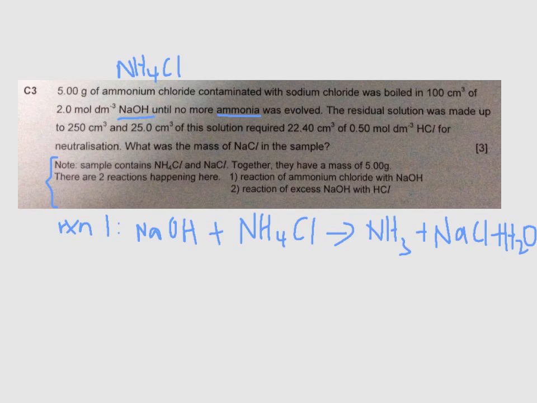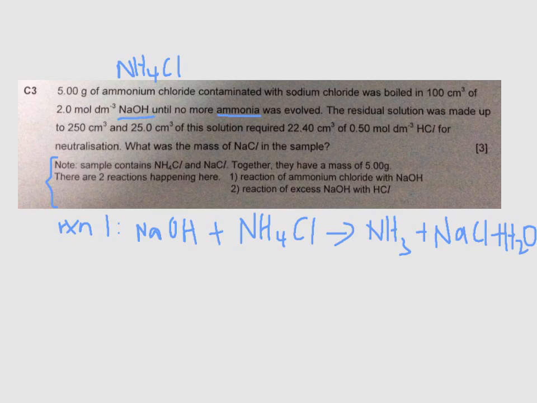Next, before I go to reaction 2, in reaction 1, you know that for back titration, one of the species, either NaOH or NH4Cl, must be in excess. If you read the question carefully, it says that no more ammonia was evolved.